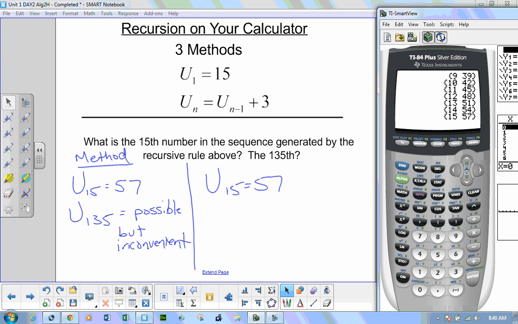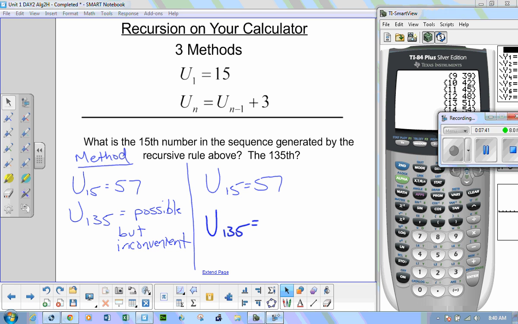Okay? Well, it's easier to get to U135 this way because you can feel free to lose count when you're doing it, but the only disadvantage is that it takes time. But I will, in fact, pause the video for a second and show you that I can go there. So just take a moment and pause.